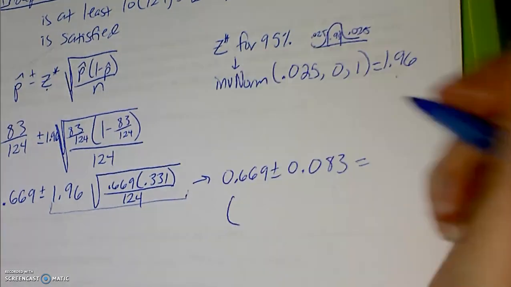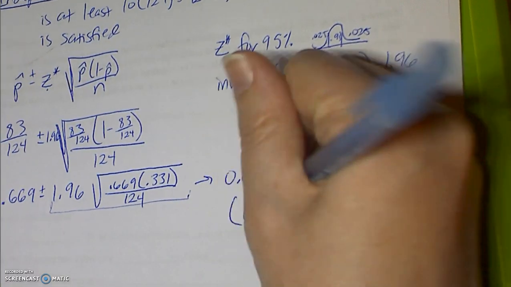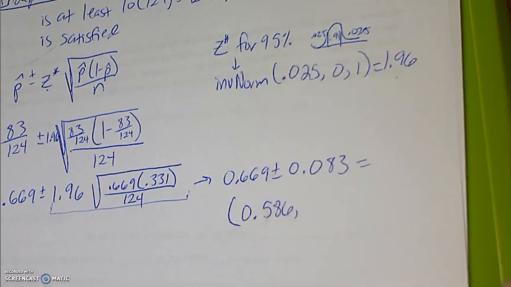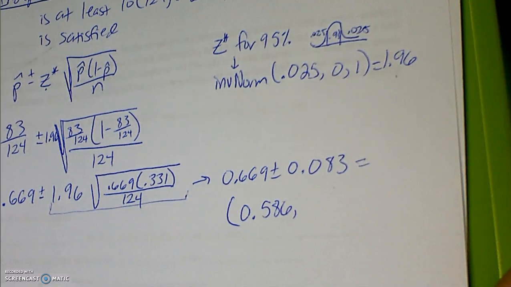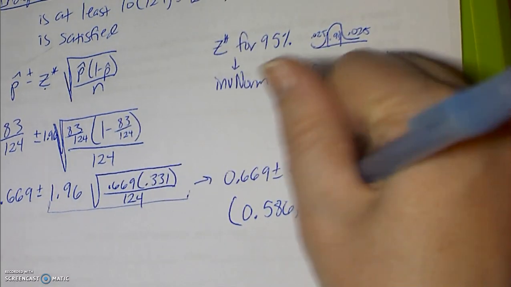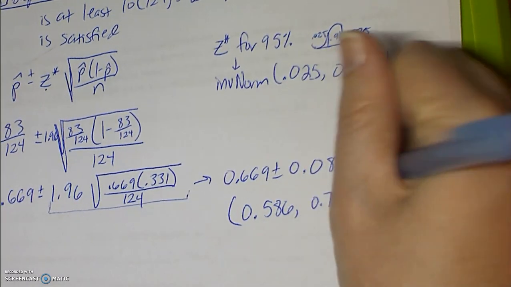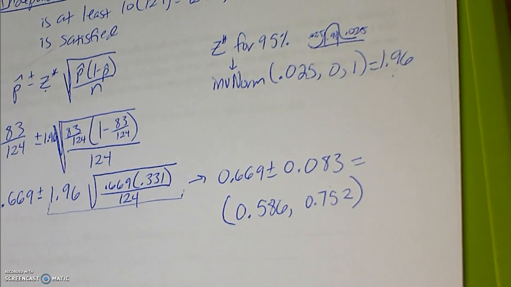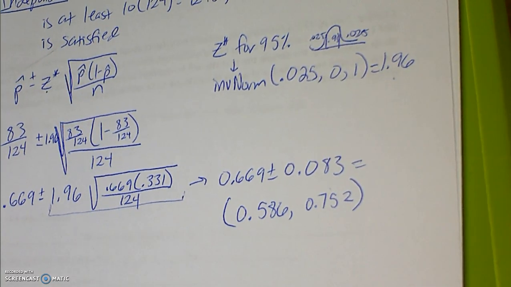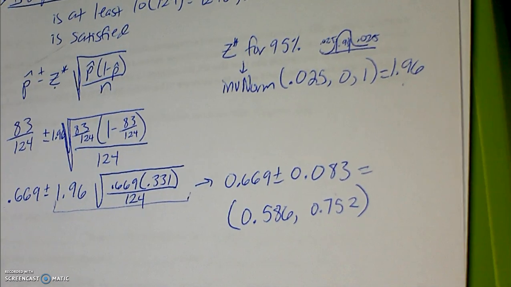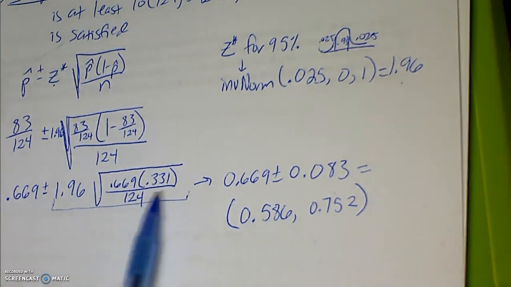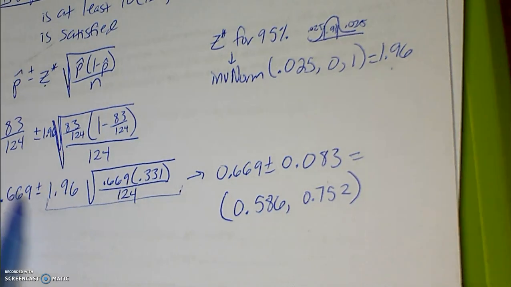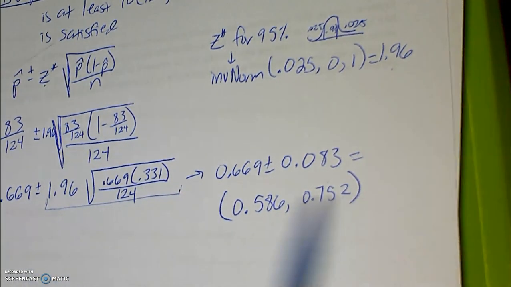We write our interval with a parenthesis to start, so 0.586 is the lower end of my interval, and 0.752 is the upper end of my interval. Make sure you know how to do that in your calculator. So take a second, make sure when you plug this in, you get these two values.